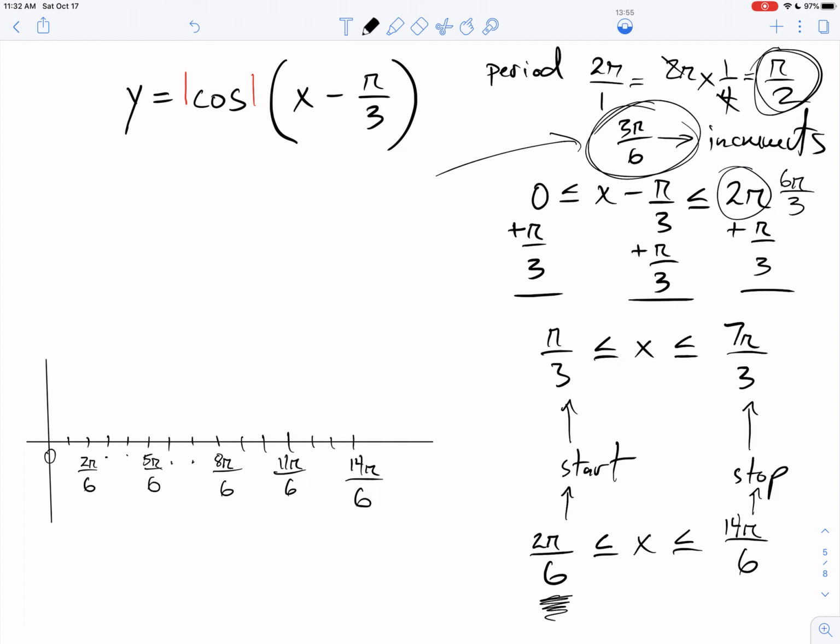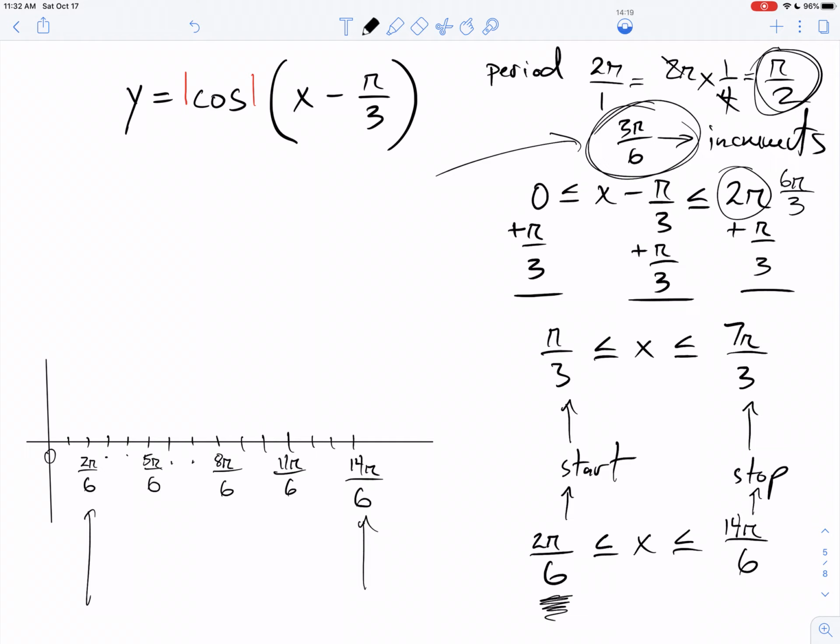Where do I start? I start at 2 pi sixths. Where do I stop? I stop at 14 pi sixths. And every single dash on the x-axis has to be uniformly spaced.